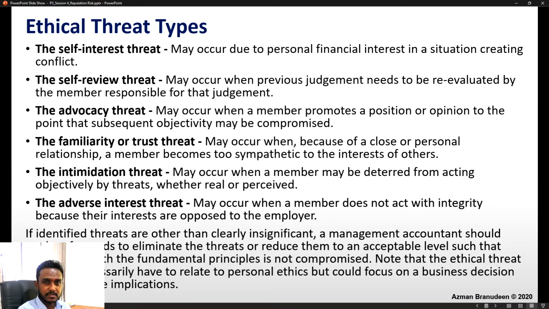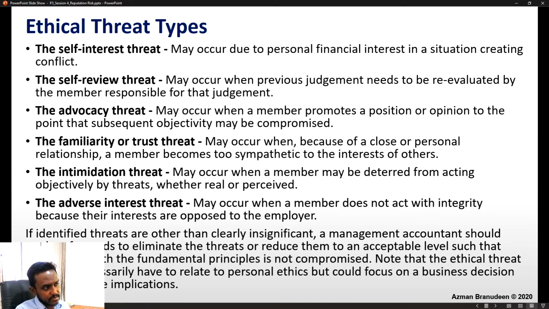There are clients in my consultation work I have decided not to engage with because of the adverse interest threat, primarily because the ethical values were completely not in line and fundamentally opposite.